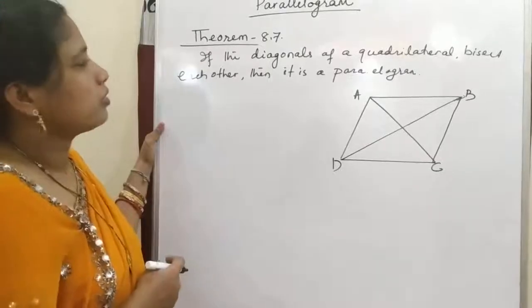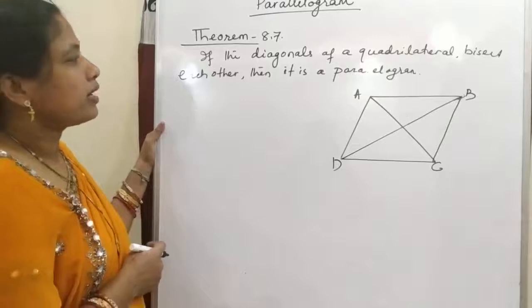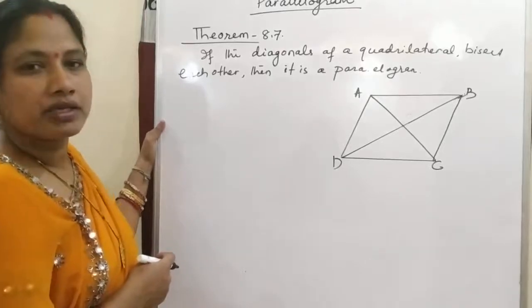Now the converse of the previous theorem: if the diagonals of a quadrilateral bisect each other, then it is a parallelogram.